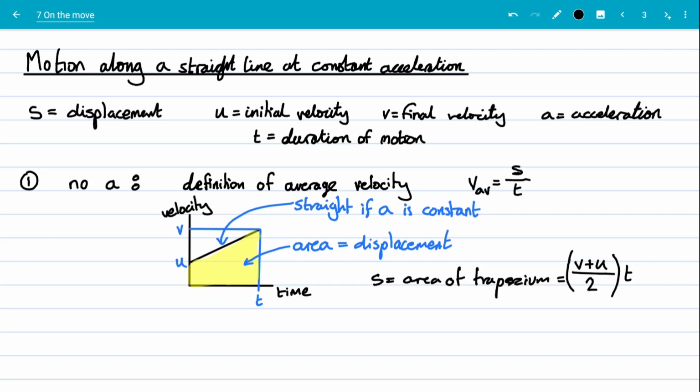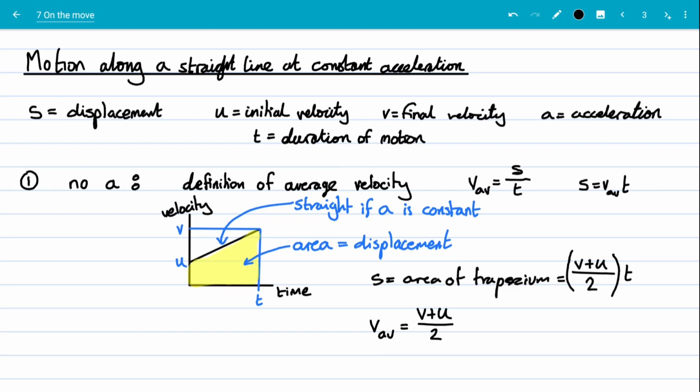Okay, that's fine. That is what S is. And S is, as we know from the top equation here, S is V average multiplied by T. Just like that. So that means that V average in this case is just V plus U divided by 2. Now that only works because it's a straight line.